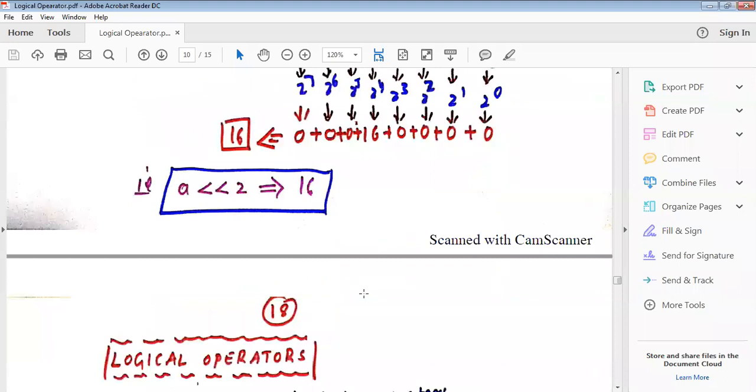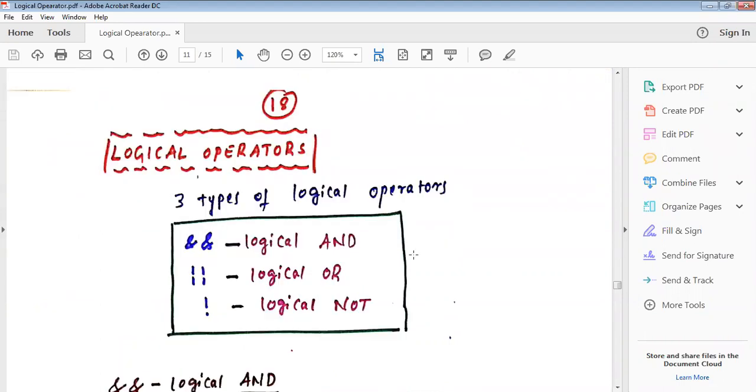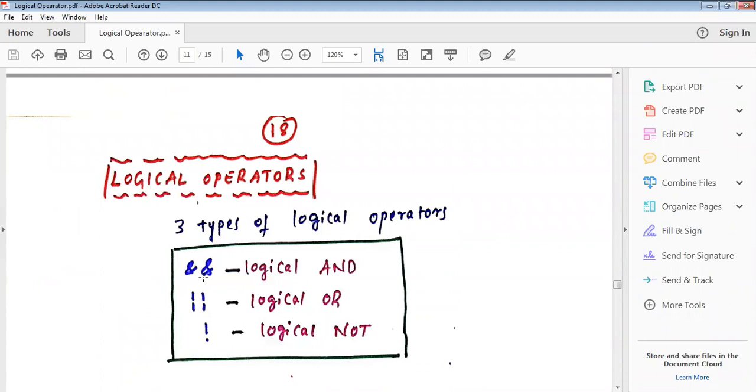Okay, this is all about the bitwise operators. The next one is logical operators. There are three types of logical operators. Here also we represent logical operators using the symbol and, so don't get confused.